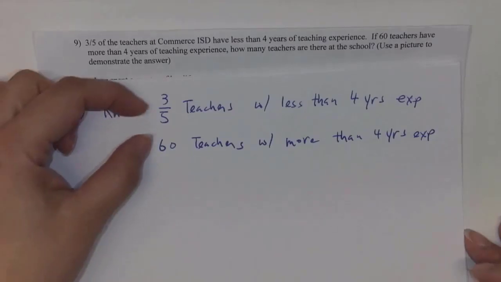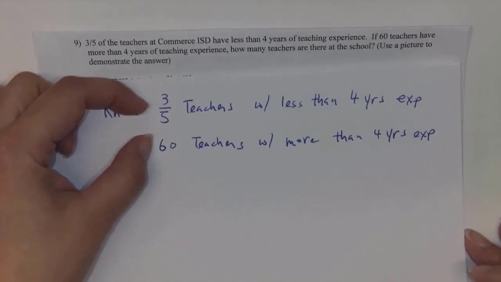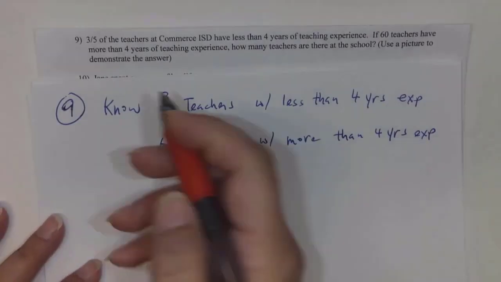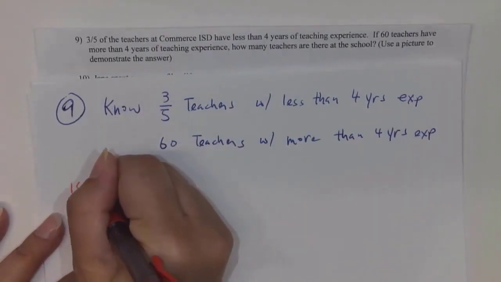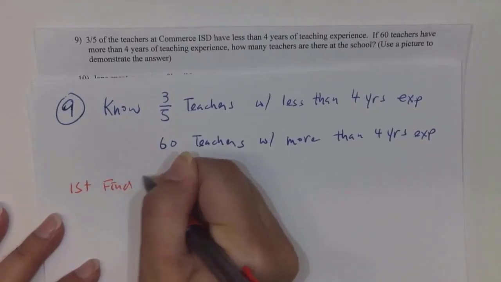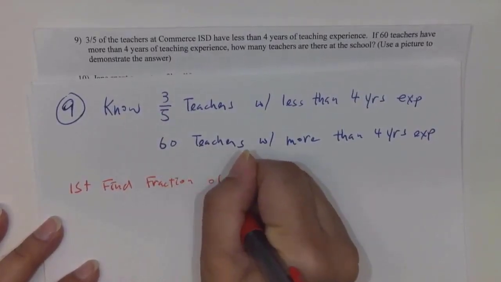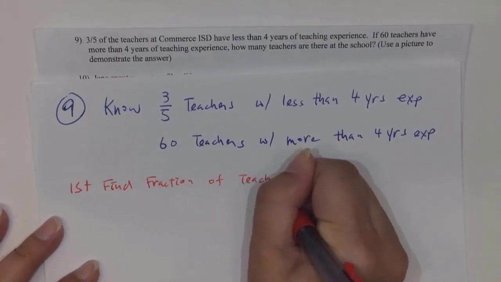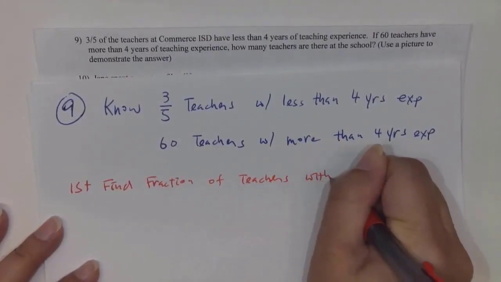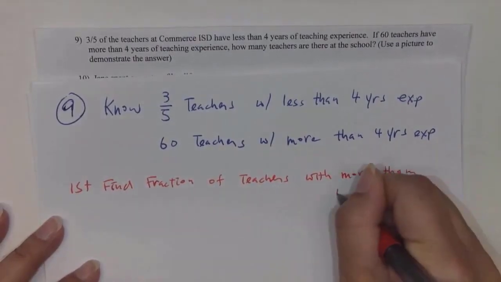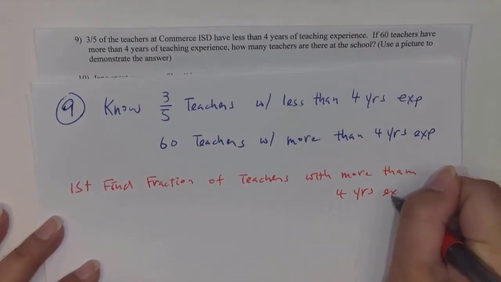The problem is one is a fraction, one is a number, so we have to figure out what fraction this group is. So we need to first find the fraction of teachers with more than 4 years of experience.